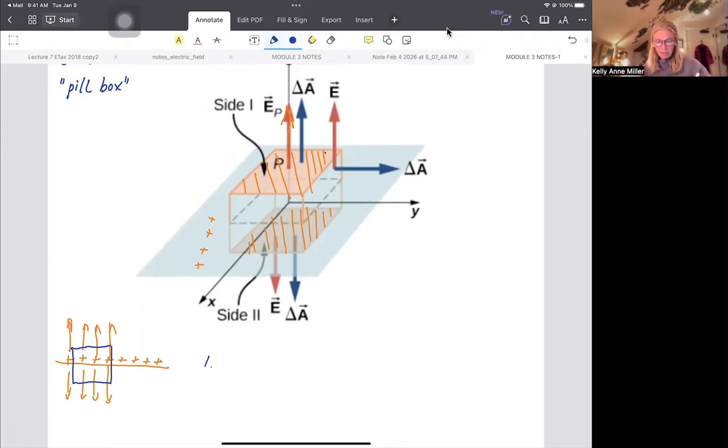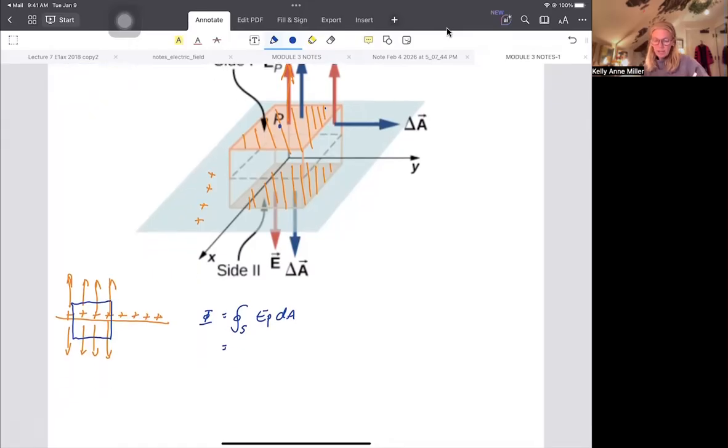So if we write out an expression for electric flux, going back to the surface integral, it's the electric field at some point P that I'm interested in times the area: E times A of the top, plus E times the area of the bottom, plus 0 plus 0 plus 0 plus 0, where these are the four sides of the pillbox.